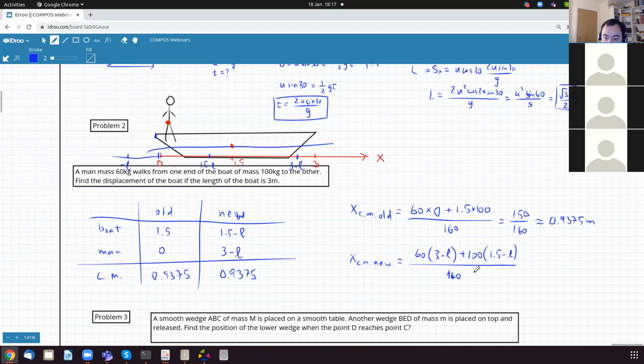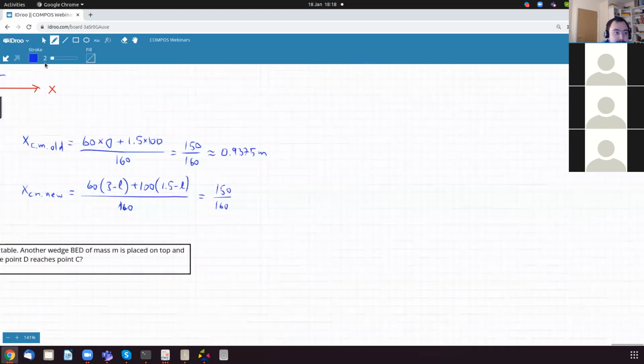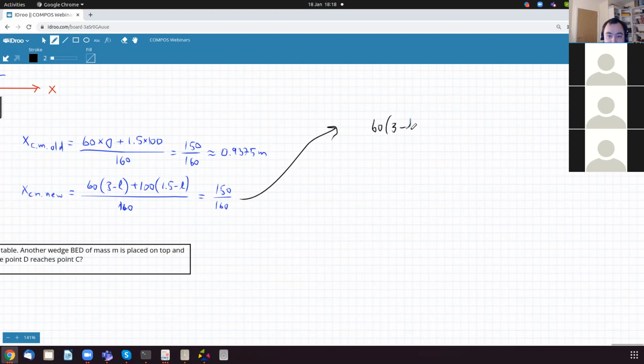And that has to be equal to, instead of 0.9375, I'm going to use 150 divided by 160. In this way, this makes my life easier. And from here, I get rid of the denominator. I get 60 times 3 minus L plus 100 times 1.5 minus L equals 150.